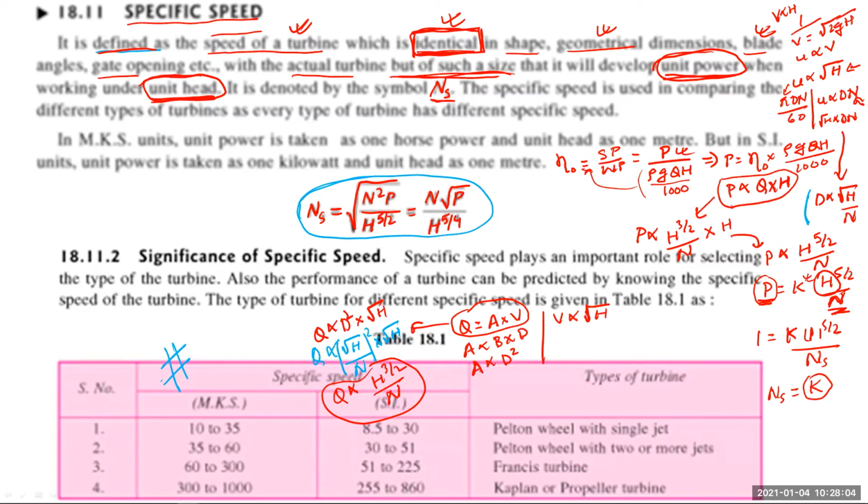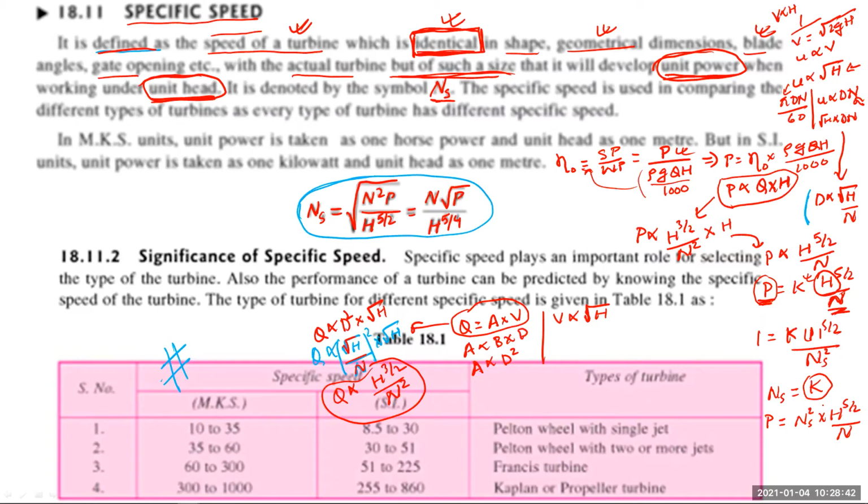So let's substitute this K here. So you will get P equals to NS square into H raised to the power 5 by 2 divided by N square. Here it will be N or N square? In this expression, you will see root H by N is there and square is overall, so here N square will come, NS square.